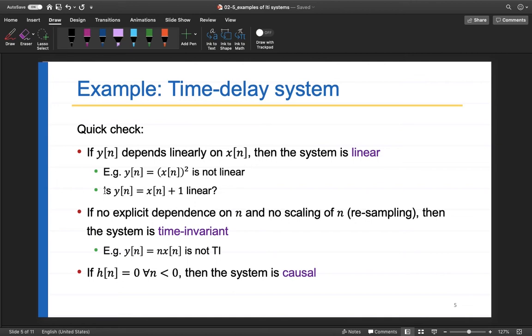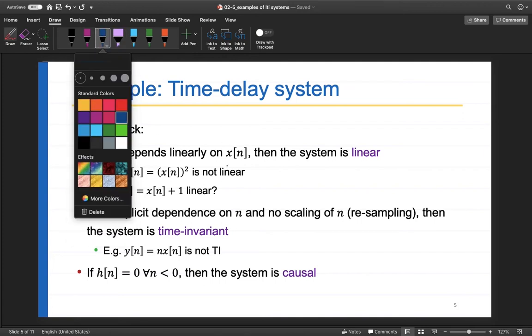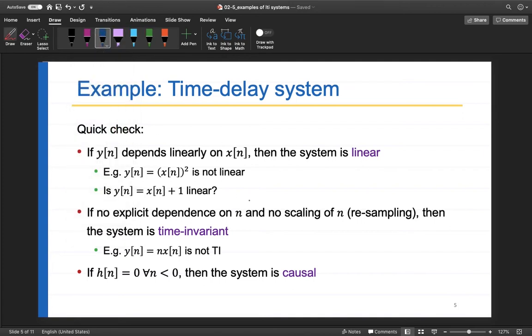Now the question is, is this system linear? Apply the basic rule and you'll find out that when you take the sum of two signals, let me write it down, it will become x1[n] plus x2[n] plus 1.